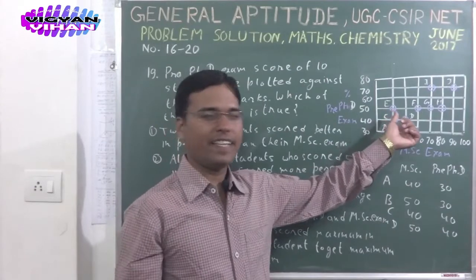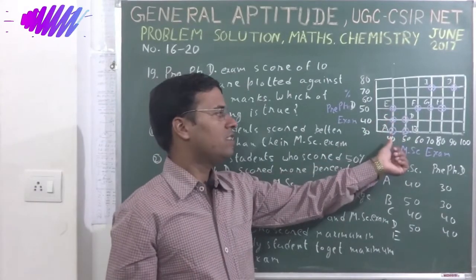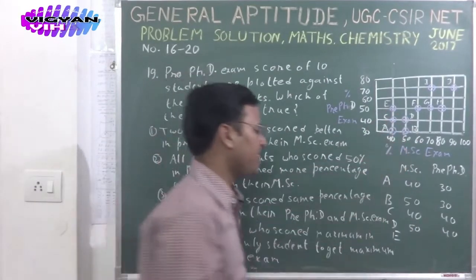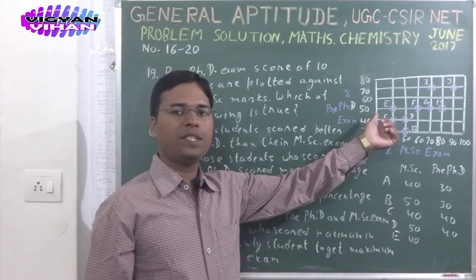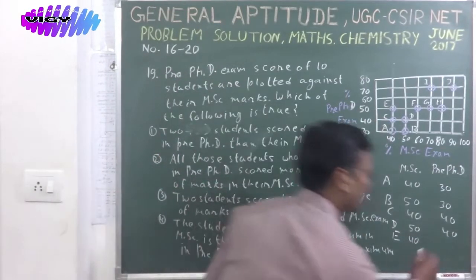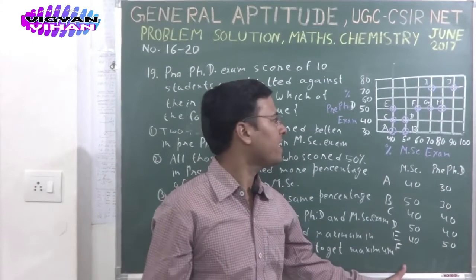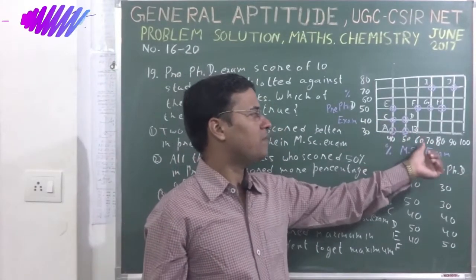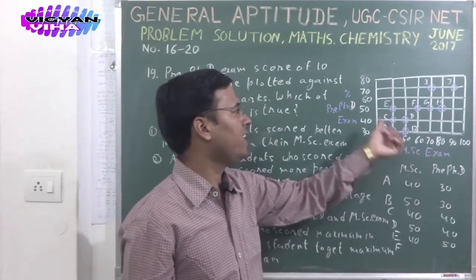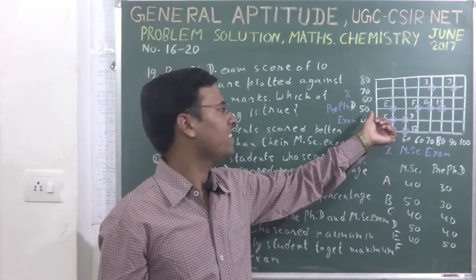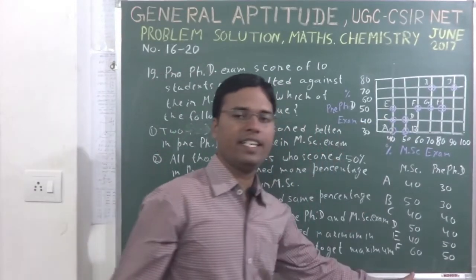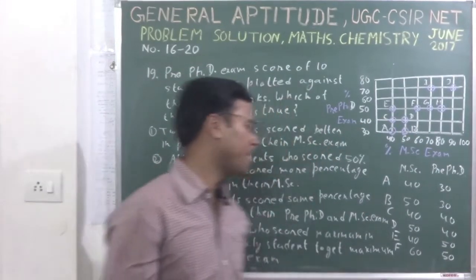For student E, he scored 40% in the MSc exam and 50% in the pre-PhD exam. For student F, his percentage marks in the MSc exam is 60, in pre-PhD it is 50. So here it is 60 then 50.